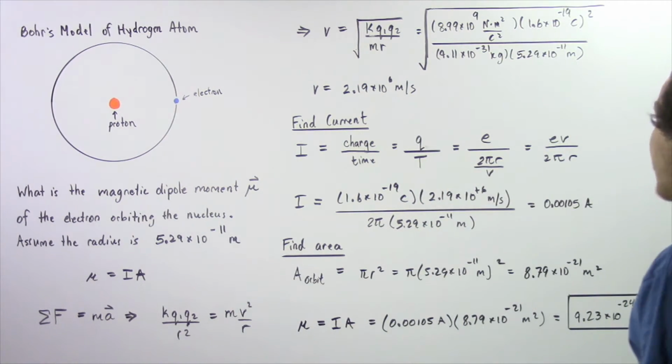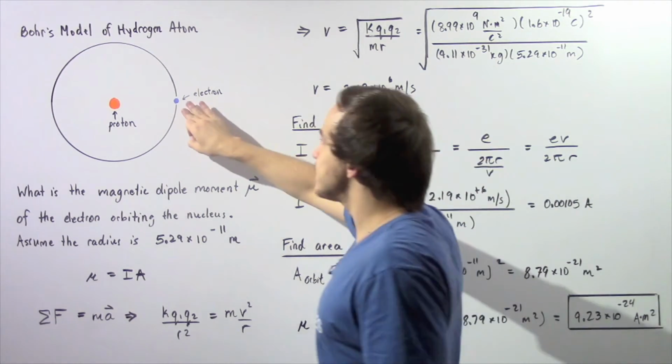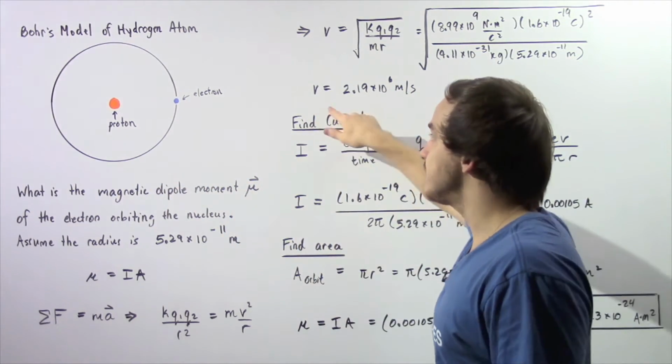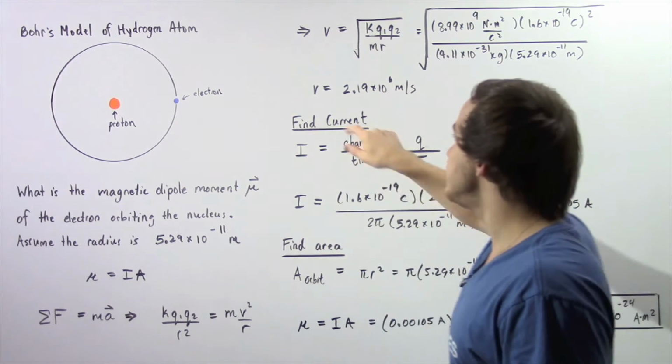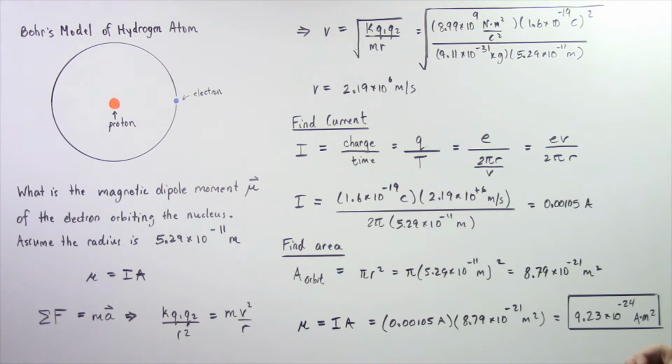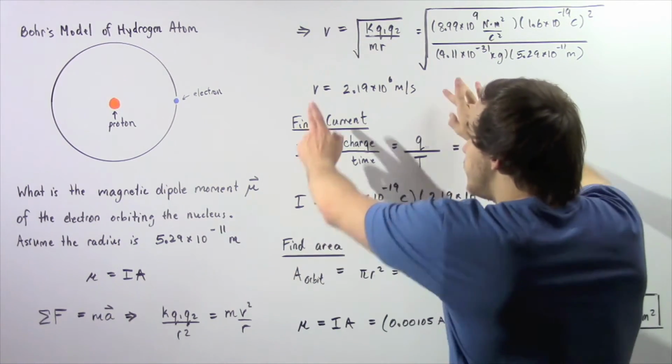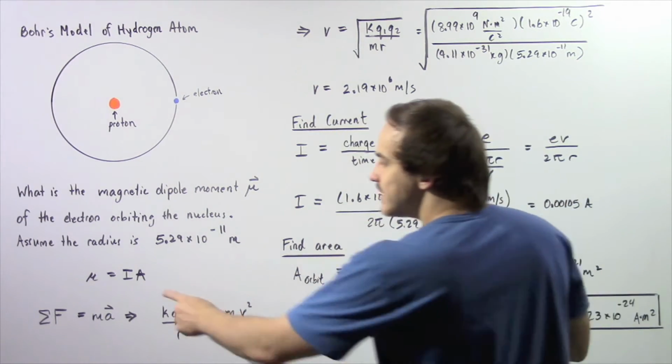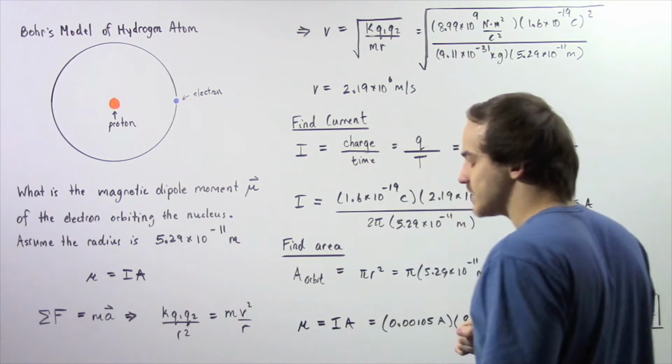So we plug those values into our calculator, and we see that the magnitude of velocity of the electron in orbit is equal to 2.19 times 10 to the 6 meters per second. So now we can use this velocity to calculate what I is.